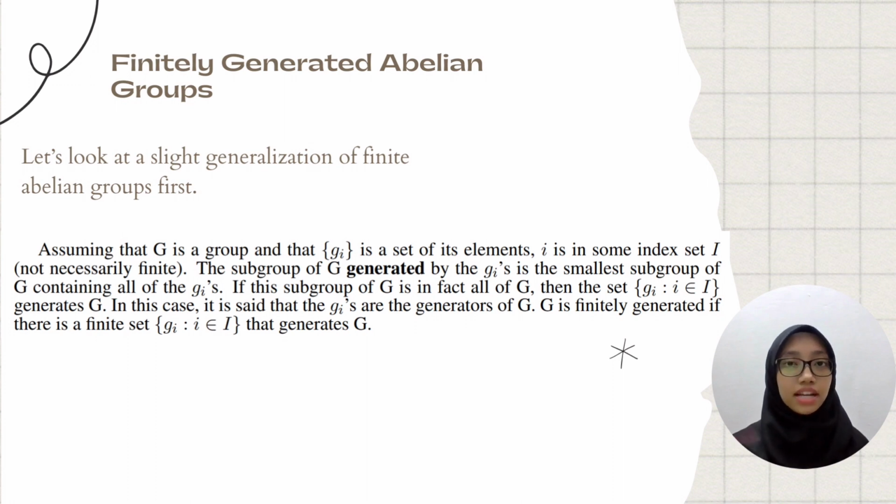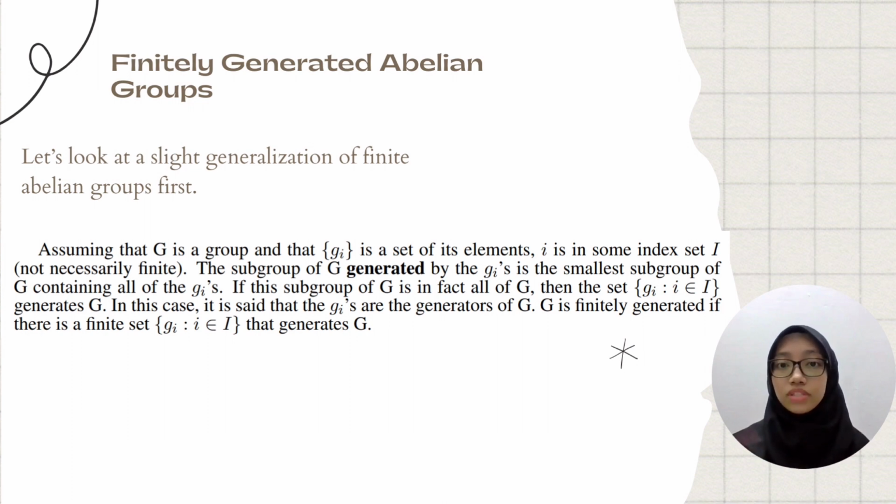First, let's look at a slight generalization of finite Abelian groups. Assume that G is a group and that Gi is a set of its elements, where i is in some set I, not necessarily finite. The subgroup of G generated by the Gi's is the smallest subgroup of G containing all of the Gi's.